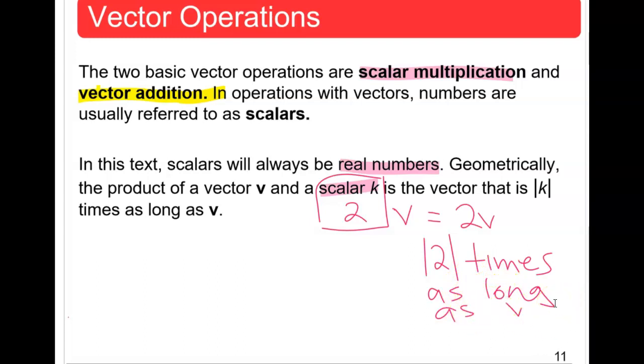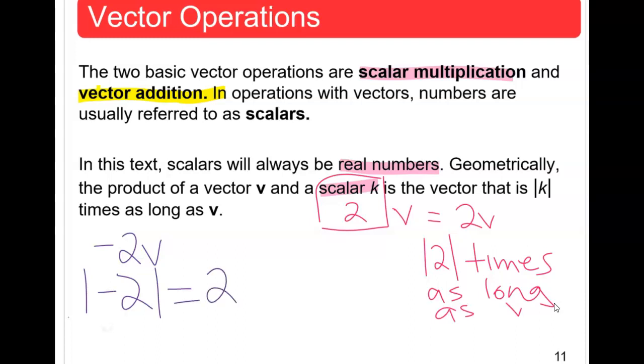And the one that I was going to go over was if we have the scalar -2 and we multiply that times the vector v. So this vector here is still 2 times as big because the absolute value of -2 is +2.